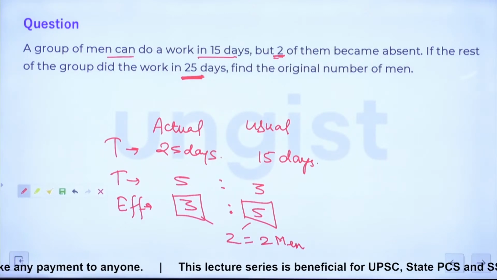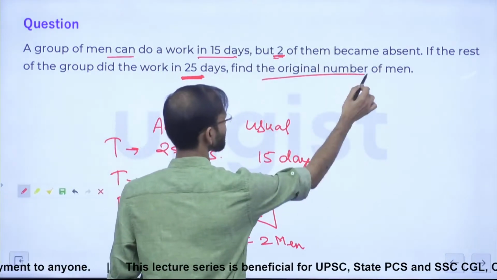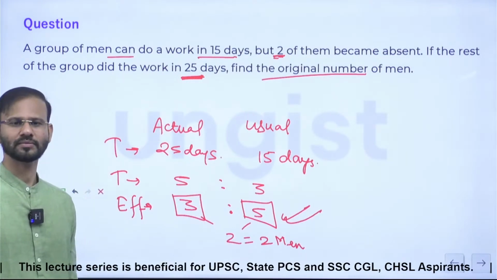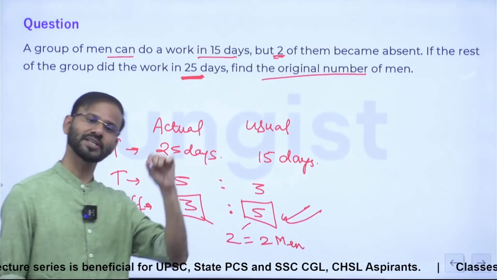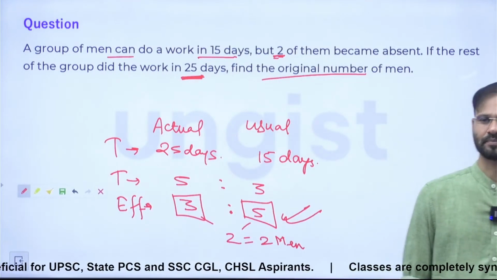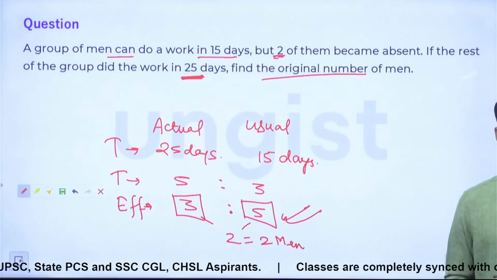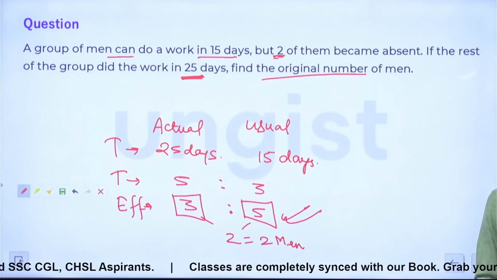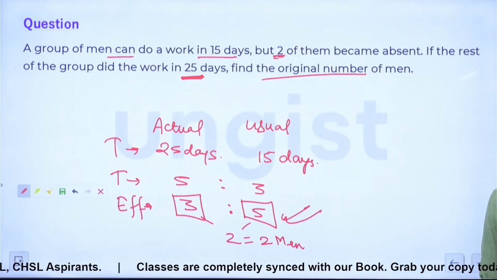Original number of men. So originally it was 5. It was assigned to 5 men. Original means what? It was assigned to how many men? So it was assigned to 5 men. Correct?